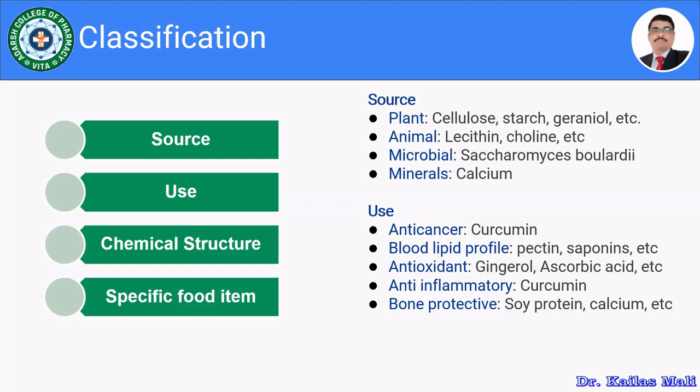Then anti-inflammatory, for example, curcumin. Bone protective, for example, soya protein and calcium. In this way, nutraceuticals are furthermore classified according to their use or according to their pharmacological category.